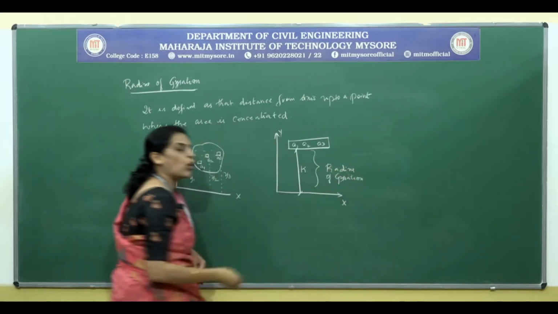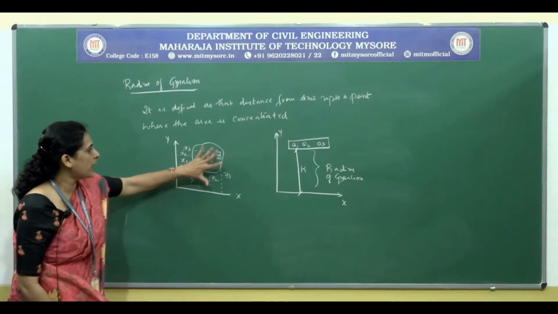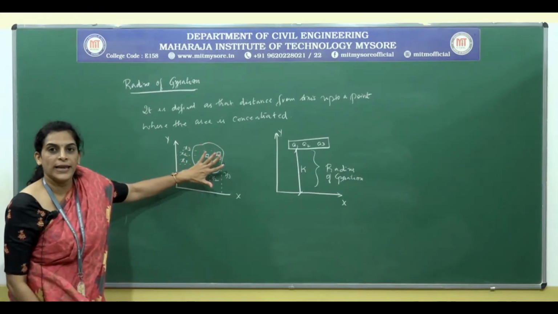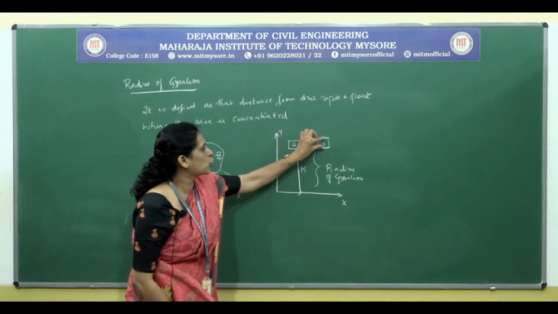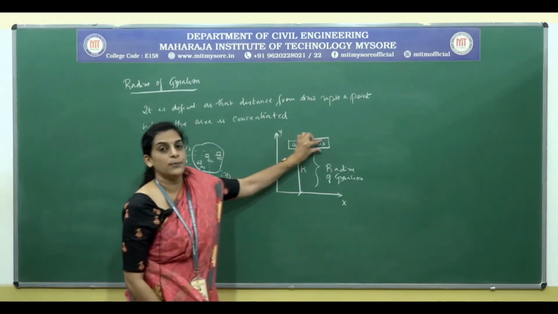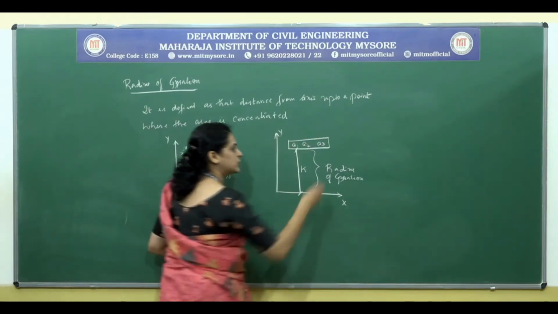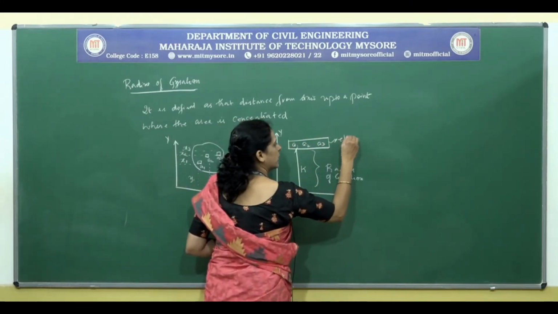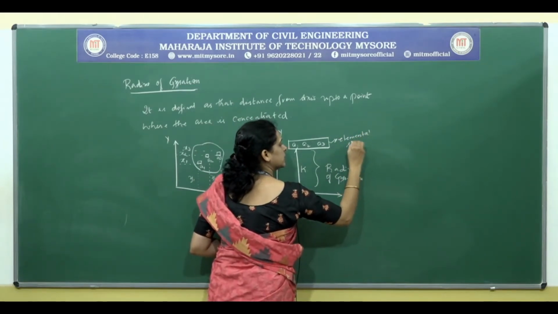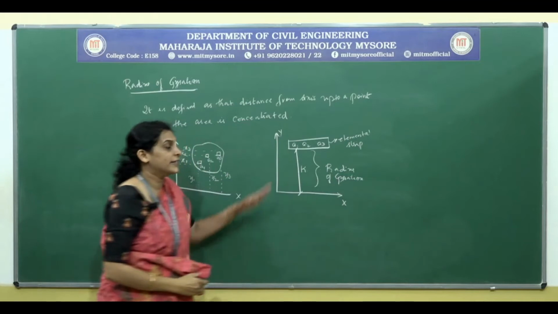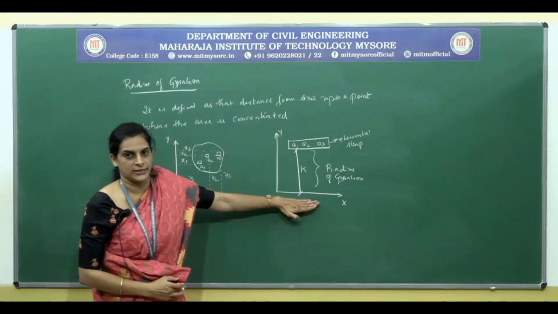All we can understand here is that in spite of the areas being dispersed, it is being concentrated at some common point. So, this elemental strip that we have considered is at a defined distance from the reference axis.